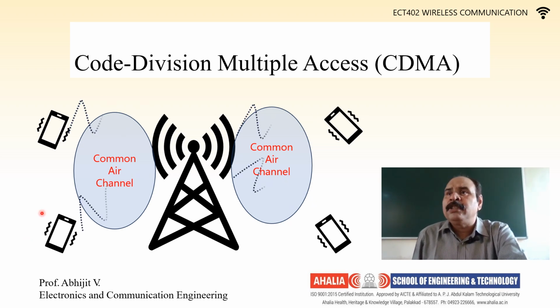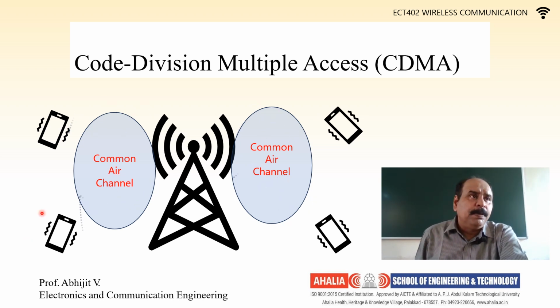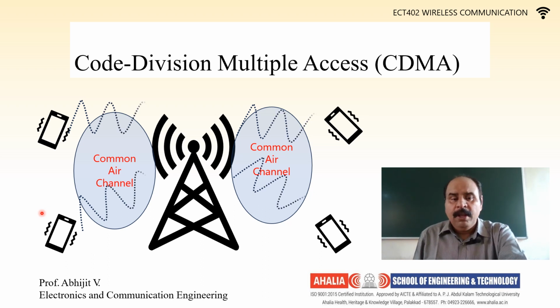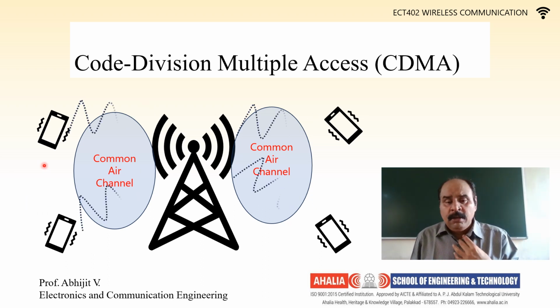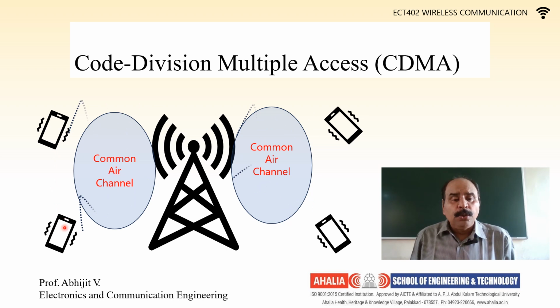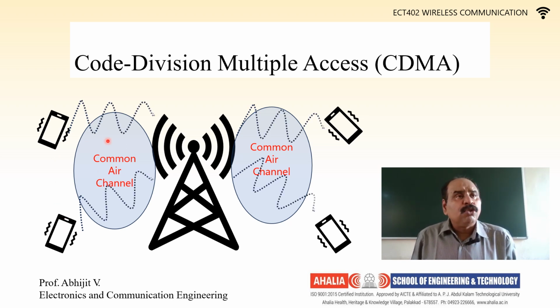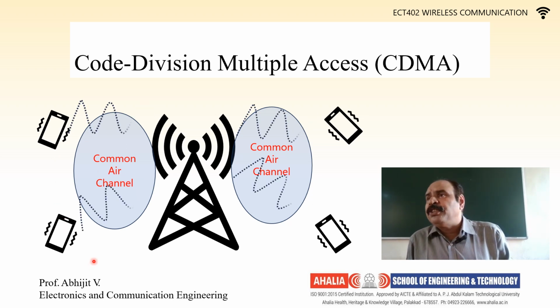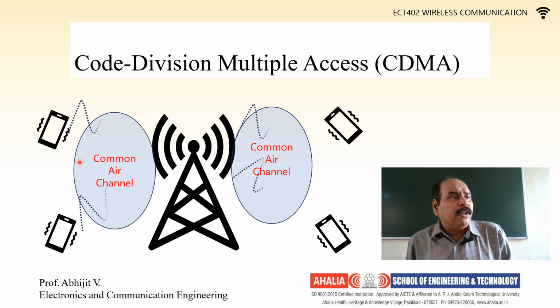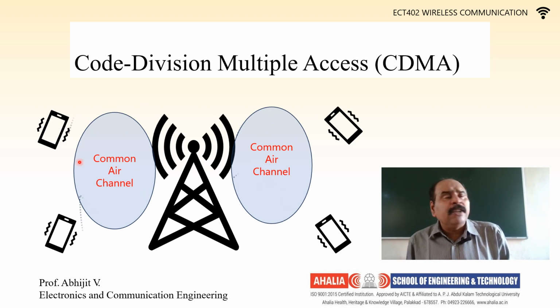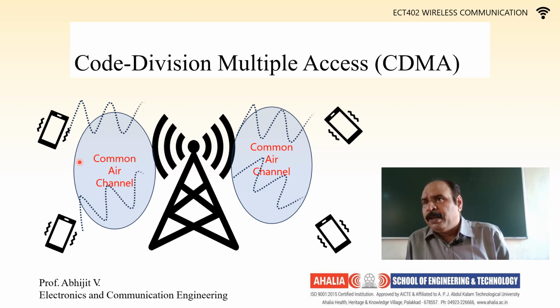This is called frequency division multiple access. You have user 1 here, user 2 here, and these two users are using the same channel but with different frequencies.